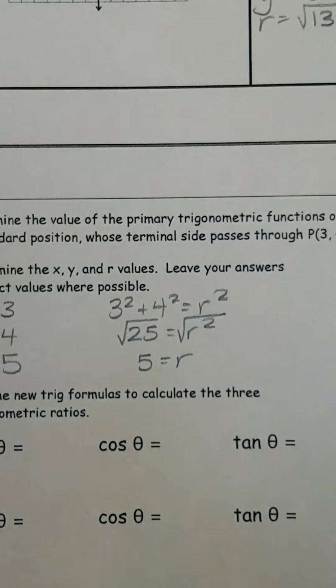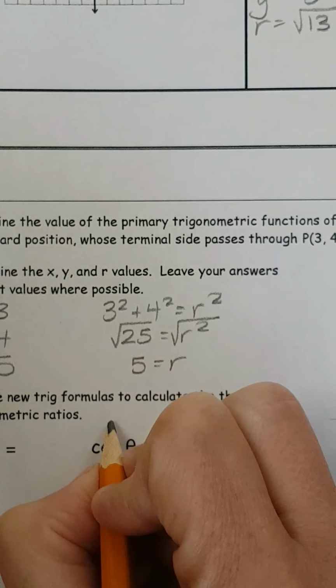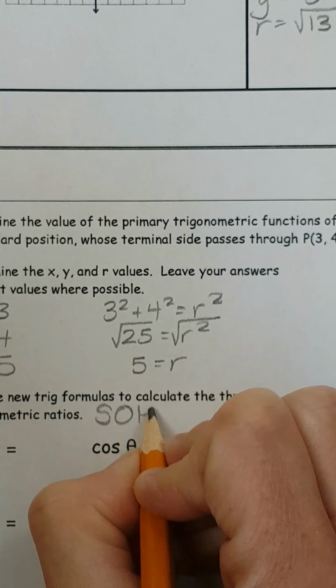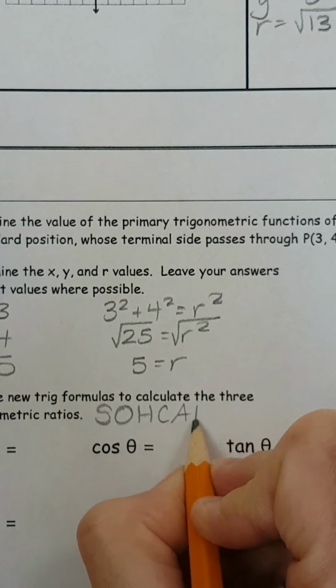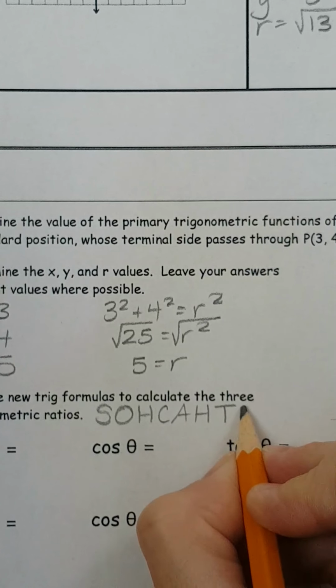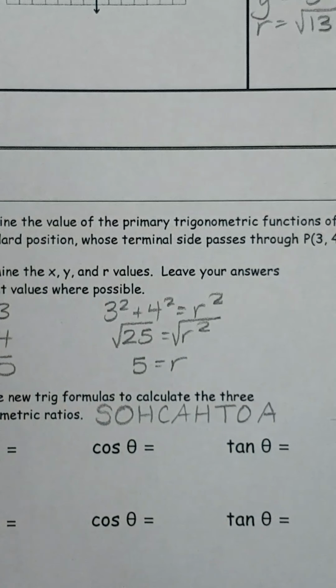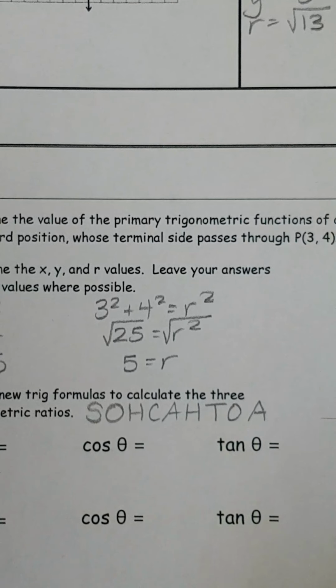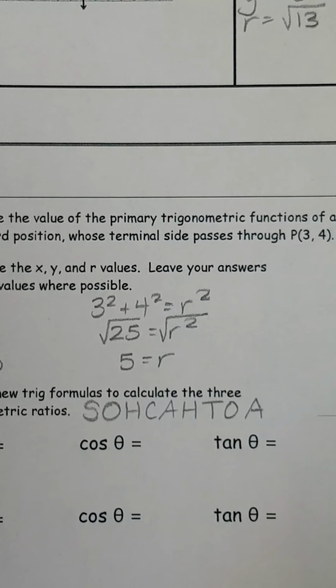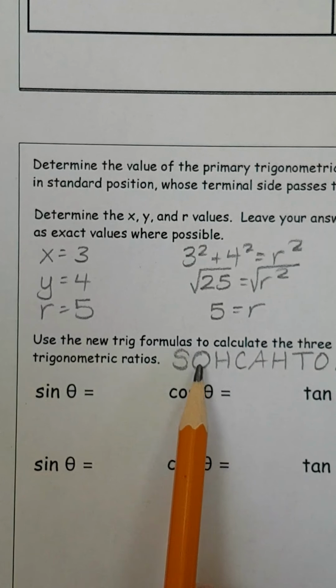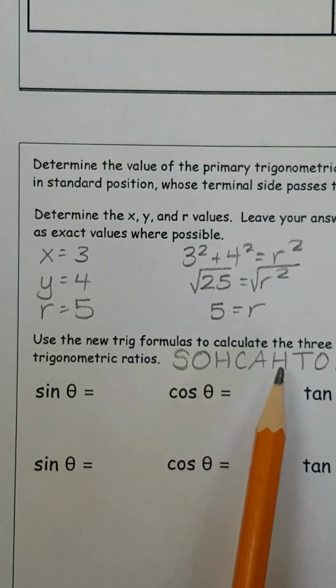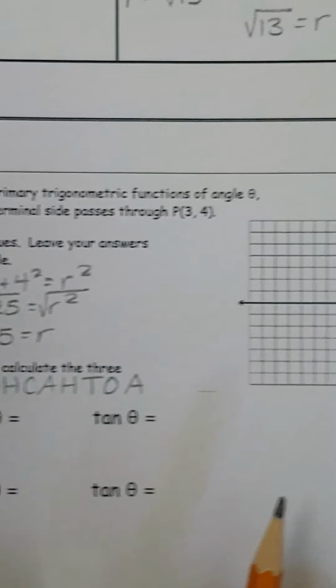What we're used to, and this is where I'm going to switch it up for you, is sine being the opposite side over the hypotenuse, cos being adjacent over hypotenuse, and tan being opposite over adjacent. Well, now we have different variables here. So we're going to look at these ratios and translate them into our x, y, and r numbers.